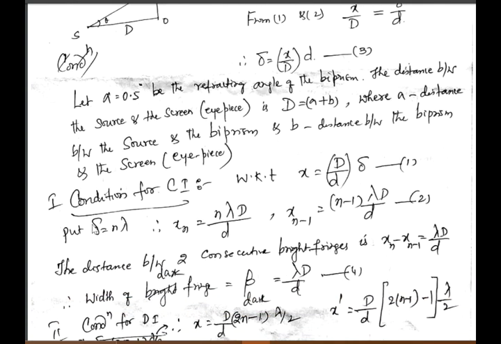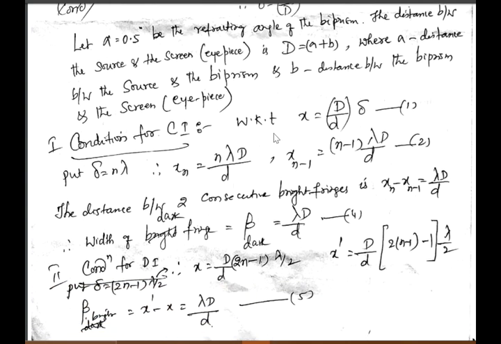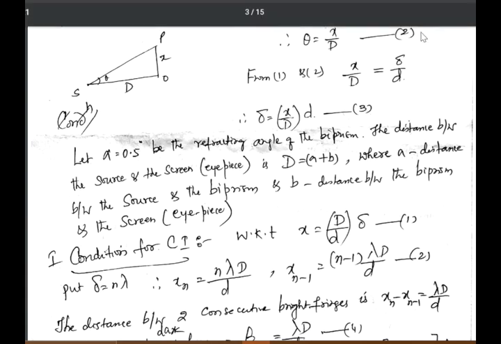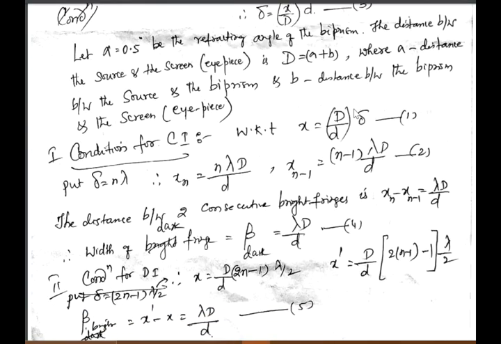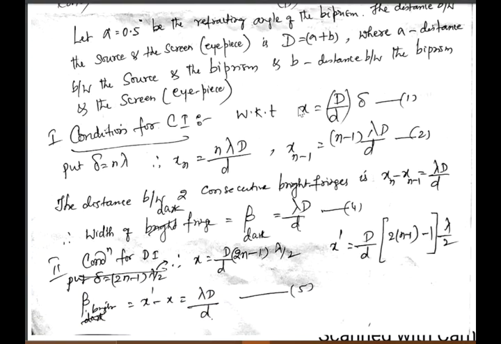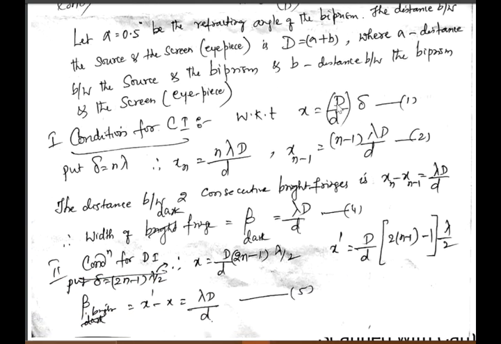Now let us work out the conditions for constructive interference. So in the notes, remember CI denotes constructive interference. Case 1, condition for constructive interference. We know that delta is equal to x by D into small d. From that I am writing x is equal to capital D by small d into delta. Put delta is equal to n lambda.